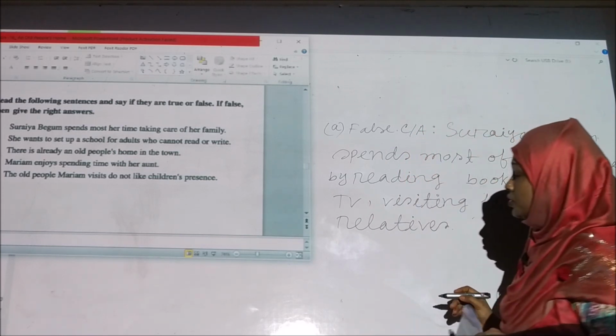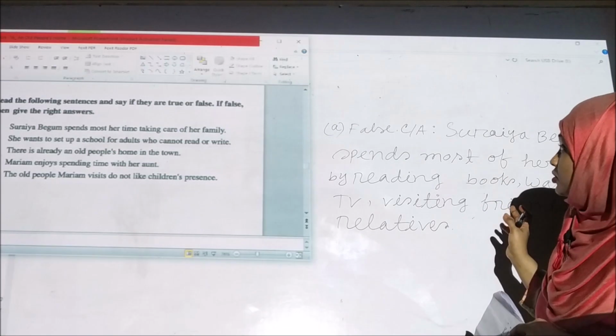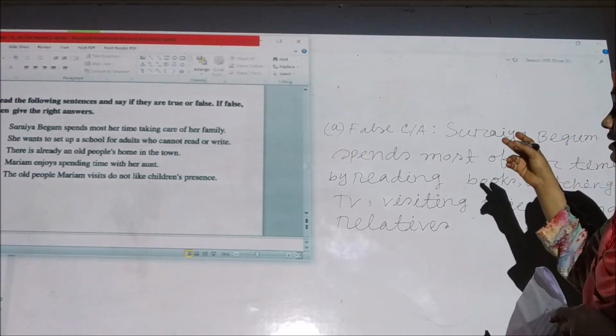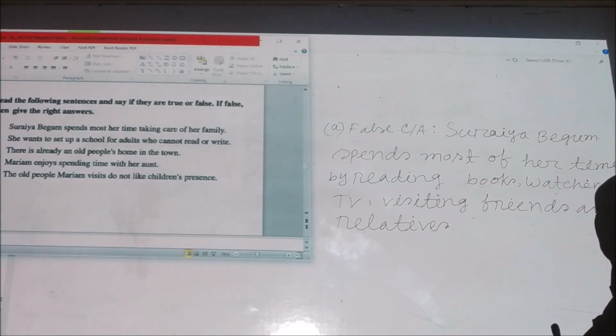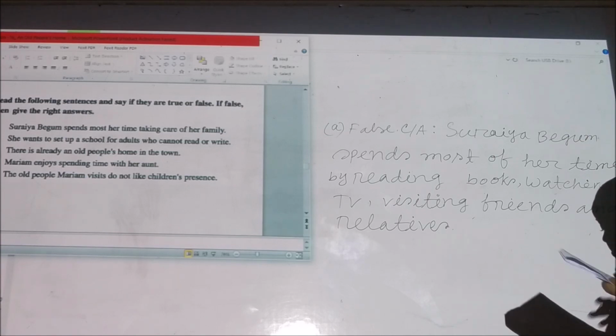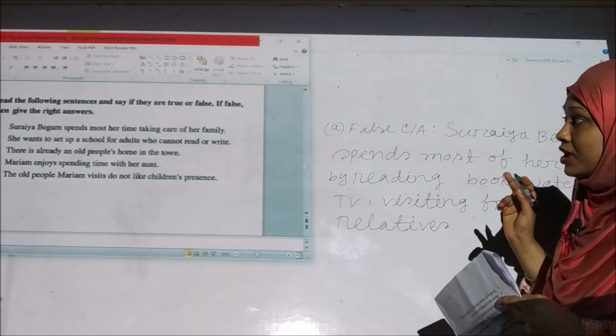Okay. So, my dear students, let's look at the board and you will see that the answer will be false and the correct answer will be Suraya Begum spends most of her time by reading books, watching TV and visiting friends and relatives. Okay. Now we will go to number B.